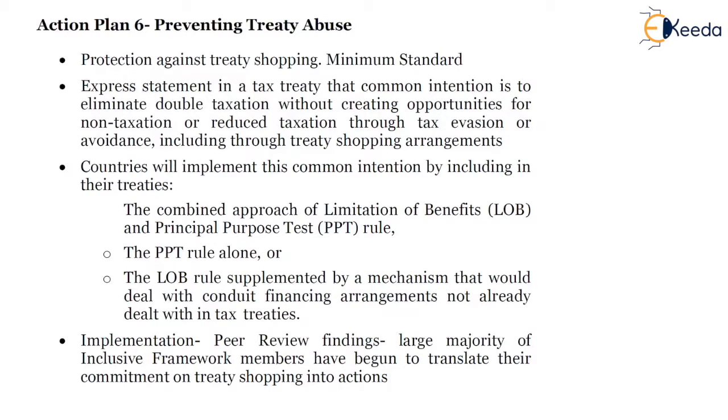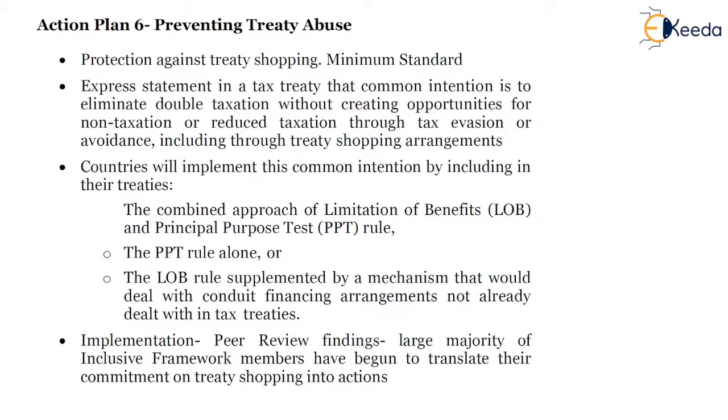Fine. So, coming back to, after we have understood what is preventing treaty abuse or what is treaty shopping, now let us understand what is Action Plan 6 and what are the OECD guidelines. Action Plan 6 is a minimum standard.